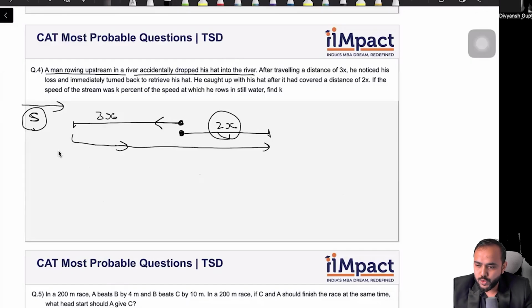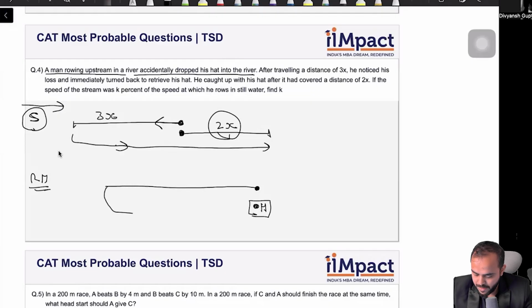Now the best way to do this question is through relative motion. Obviously, when I'm using the relative motion, I should focus on the timings. Now, let's say I'm sitting on the frame of reference of the water. In that frame, the hat is going to be stationary, which means in this frame, the person went a distance towards left and then he turned back and came back to the same starting point.